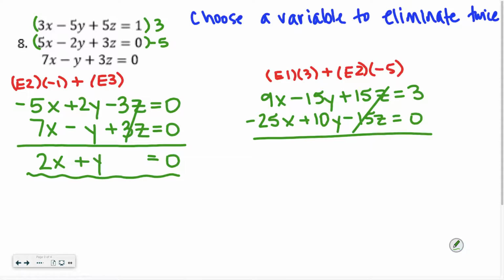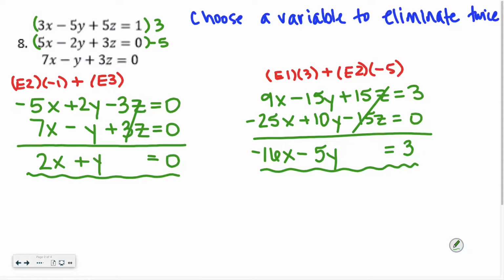Okay. What happens when we add our x column, what do we get? -16x. Here we would get -5y equals 3. All right. Now this was our goal.